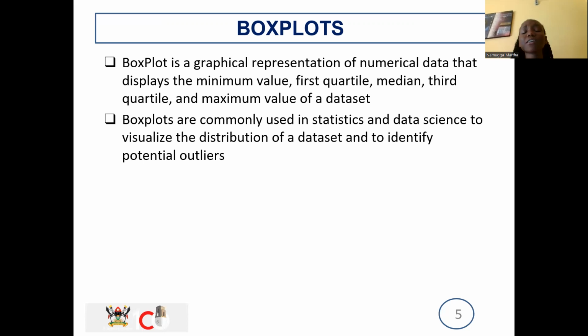As you see, there is no way we can actually plot a box plot with images, because how are we going to identify the lower quartile or the upper quartile or the minimum value in a data set? So it's usually used in statistics and data science. It helps us visualize the distribution of the data set.